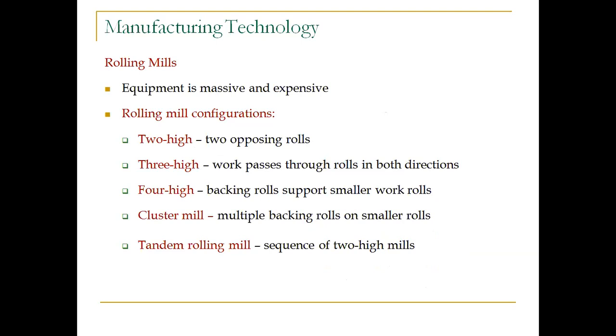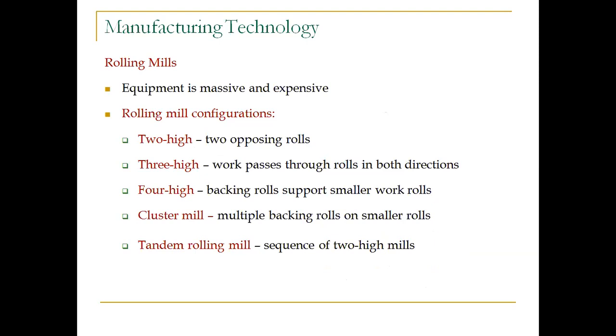Basically, rolling mill equipment is very massive and expensive. So there are some types of rolling mill. First one is two roll or two high roll mill. Second, three high roll mill. Third one is four high rolling mill, and next are cluster rolling mill and tandem rolling mill.